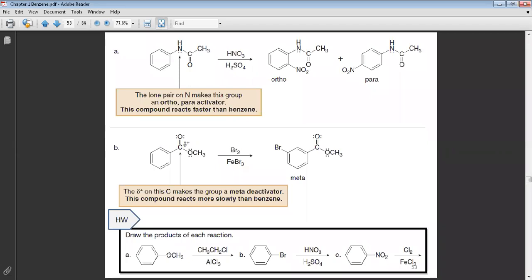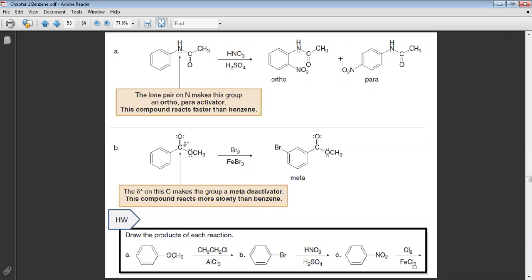Look at the final one. The last one is nitrobenzene. Is the nitro group an activating or deactivating group? Deactivating, and withdrawing, because the nitrogen has a full positive charge. That means it deactivates the benzene.